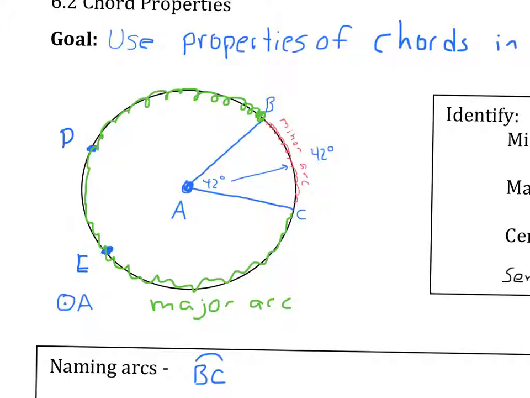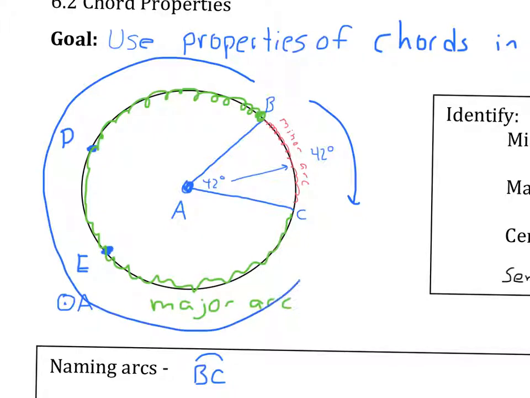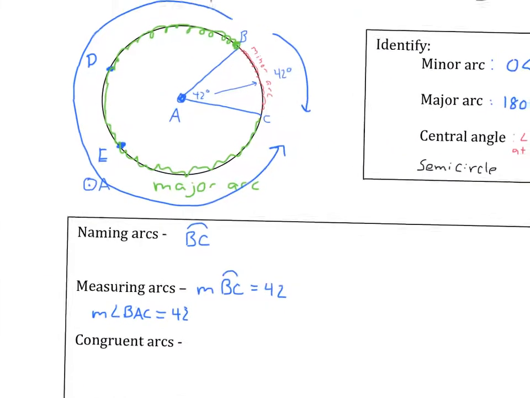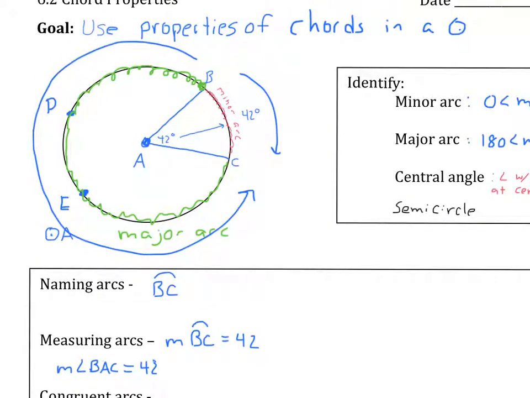And the way we need to label this one is we need 3 letters. Rather than saying from B to C, like we did here, we're saying from B, going through something else, ending at C. So the way we name that one would be something like this. Arc BDC.